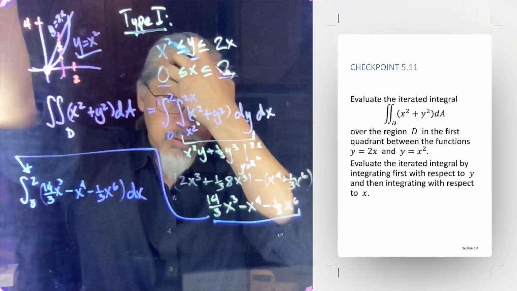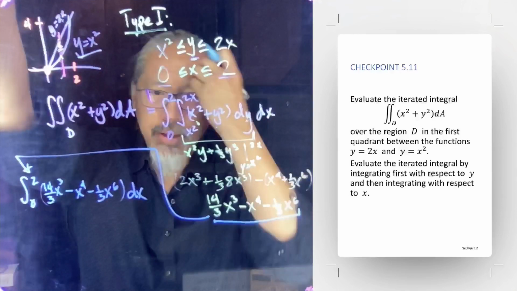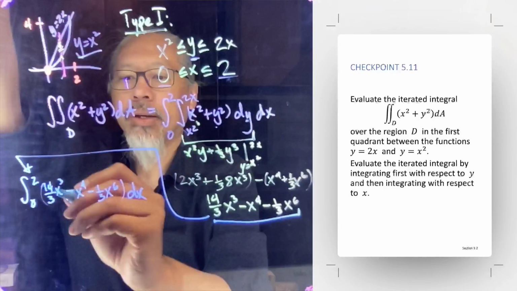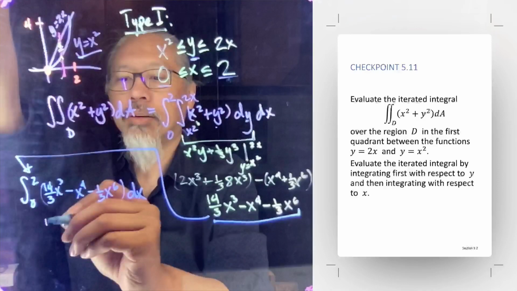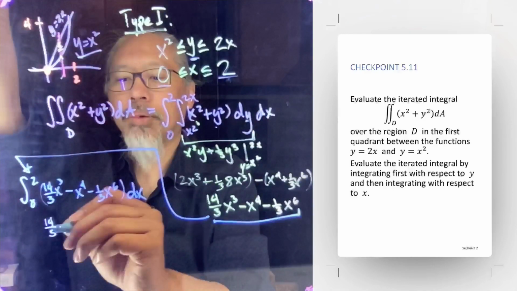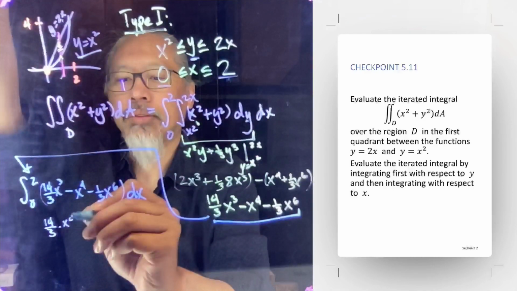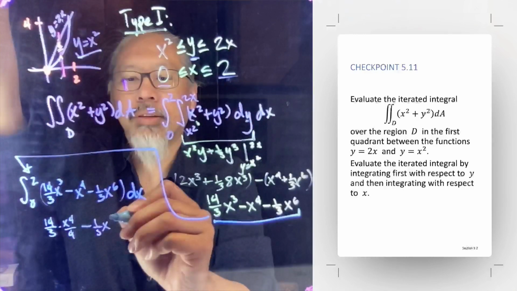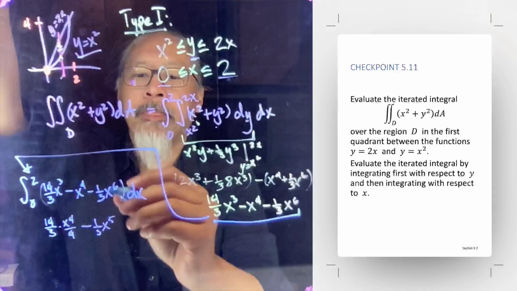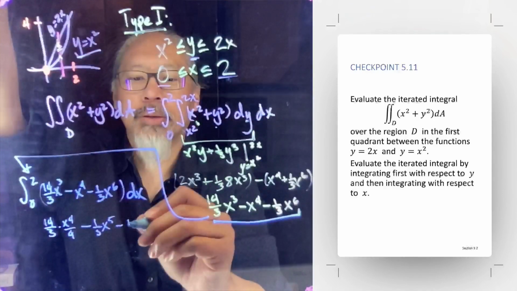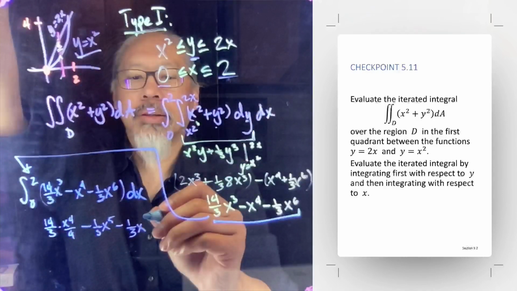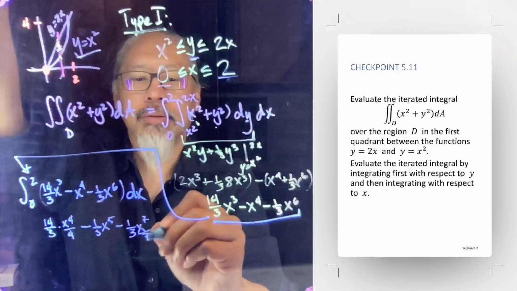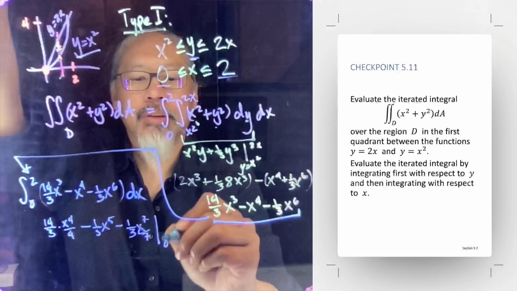We'll go and integrate that. We're going to get 14/3 times x to the fourth over 4, minus 1/5 x to the fifth, minus 1/3 times x to the seventh over 7, and we need to evaluate this from 0 to 2.